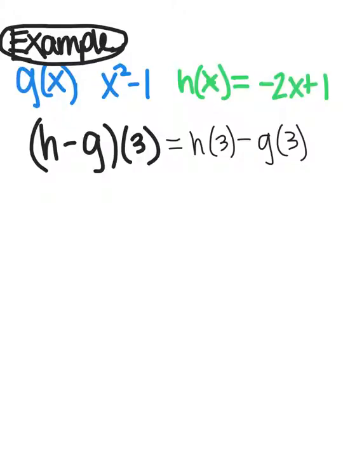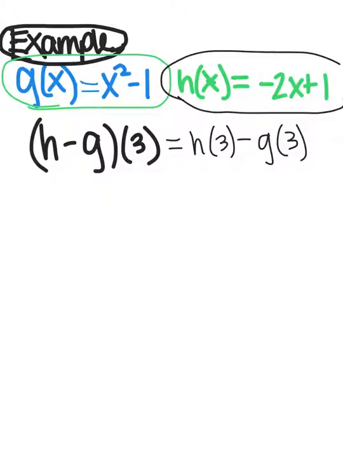All right, so here's an example where I see function g. It says g of x, let me add my equal sign in there, equals x squared minus 1. And then I have function h of x equals negative 2x plus 1. So here are my two functions, g and h.